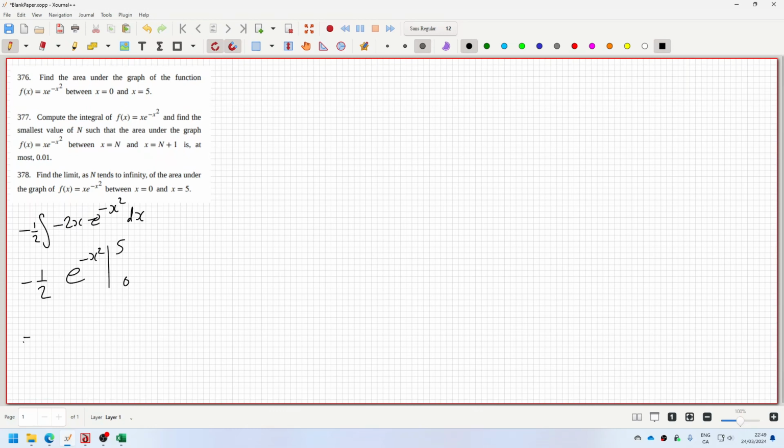So that would be equal to a half e to the minus x squared, 0 to 5. So that would be a half, e to the power 0 is 1, minus e to the power minus 25. So roughly equal to a half, it looks like.